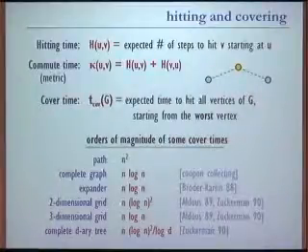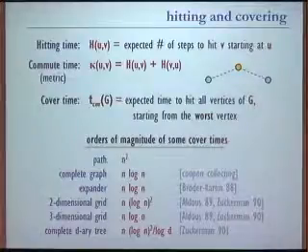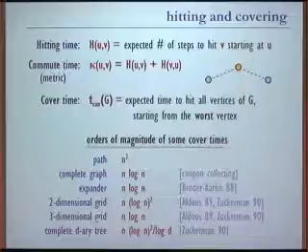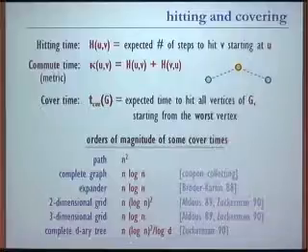And again, for some of these examples, the constants in front are known, but I'm not going to focus on the constants here. So for the 3-dimensional grid and also for higher dimensions, it's n log n. And then for the complete d-ary tree, it's again n log n squared.